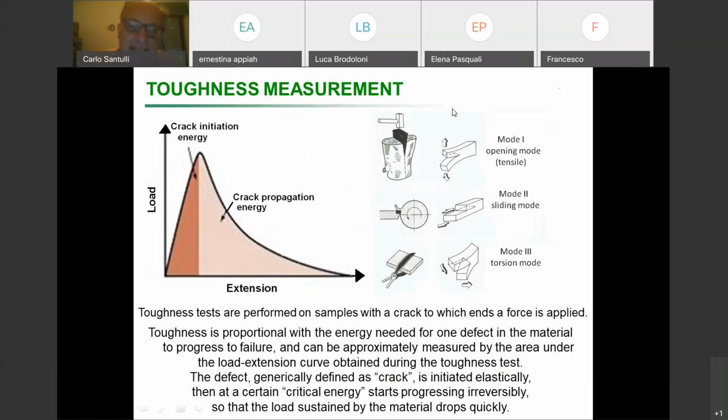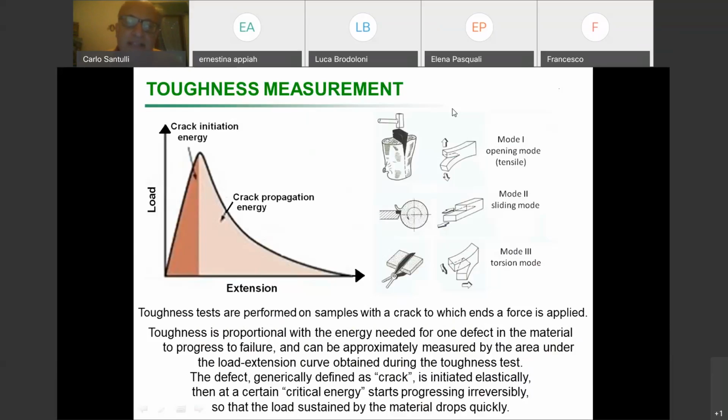Okay, the crack takes some energy to initiate, and it progresses reversibly, as you can imagine, until that point, when the curve reaches its maximum, which we may imagine is an elastic limit. It is a sort of elastic limit, but it has another name.